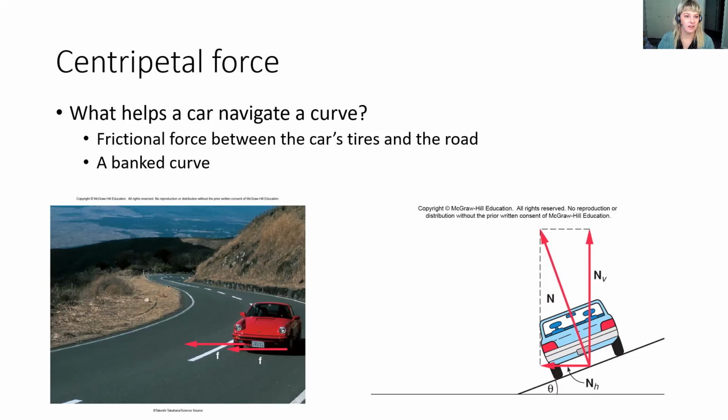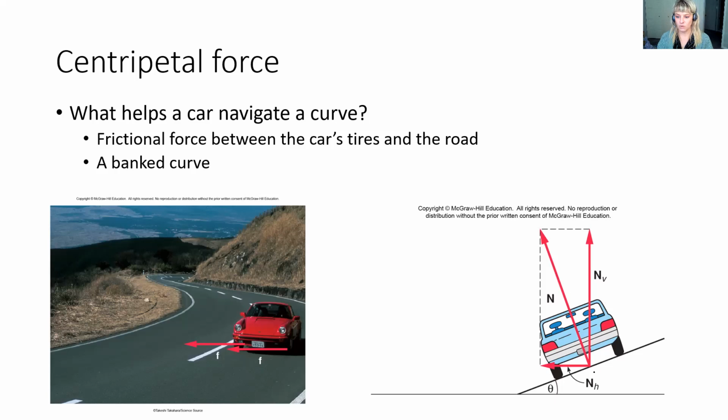Another example of a centripetal force that helps a car go around the bend is a banked curve. So if you've ever been to a racetrack where at the ends of the racetrack, you notice that the road bends, is banked, as kind of shown in this picture right here.